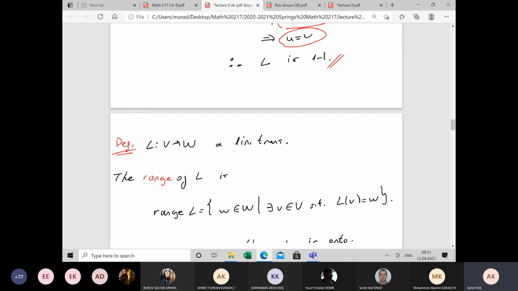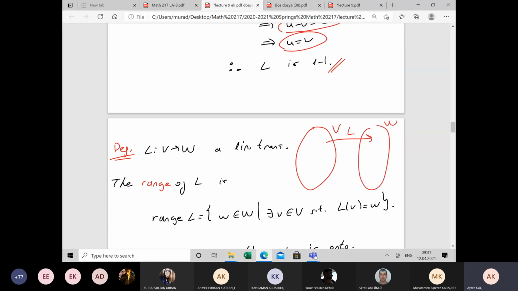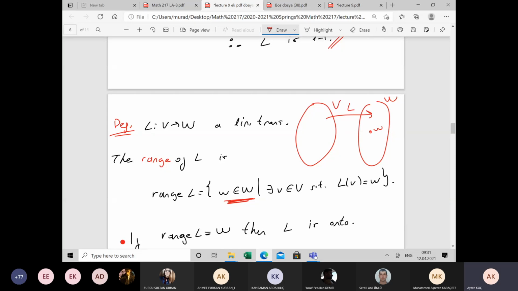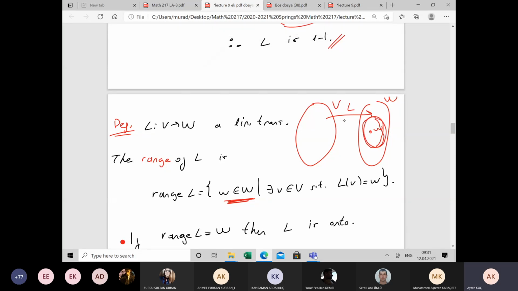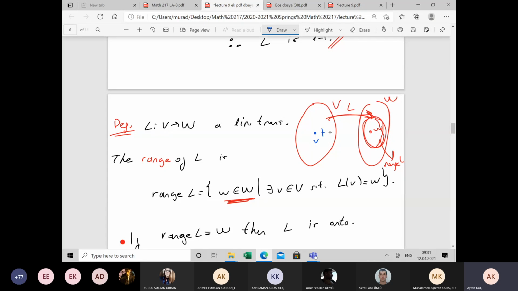L is a linear transformation from V to W. The range of L is the set containing vectors W such that there exists a vector V with L of V equal to W. The pre-image should be in V. If there exists a V such that L of V is W, then W is in the range of L.